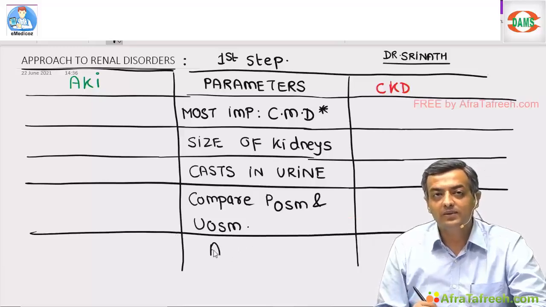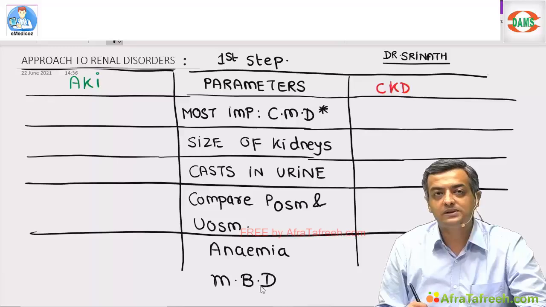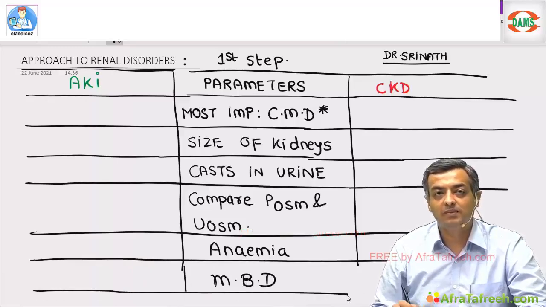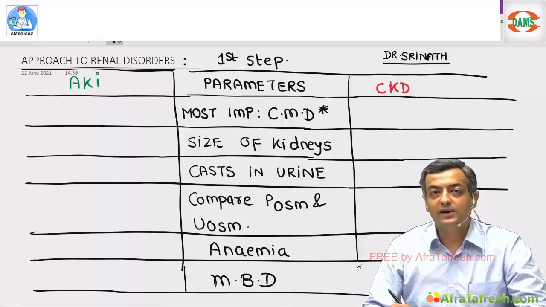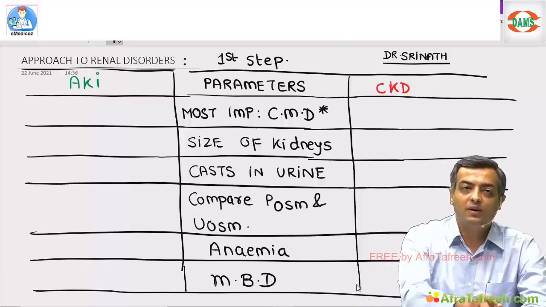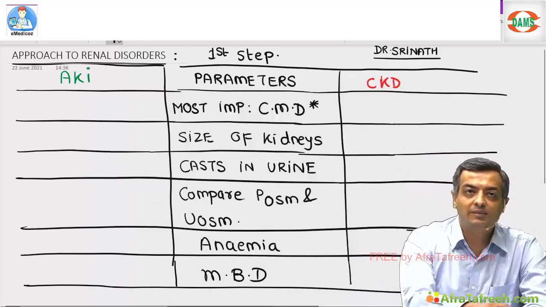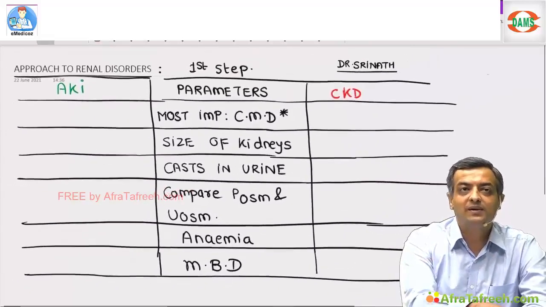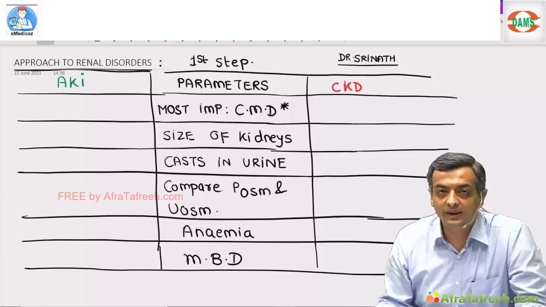And you can take into account the presence of anemia and metabolic bone disease. I hope you have watched the video on anemia and metabolic bone disease; of course, they are part of one video lecture only.